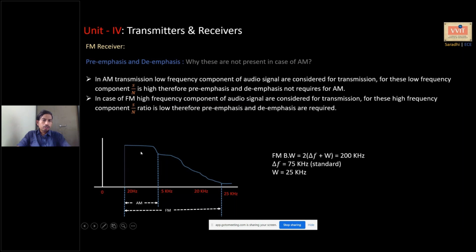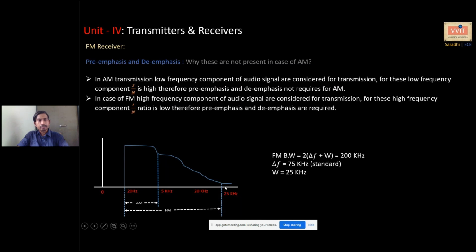The frequencies are not attenuated, so we don't require any pre-emphasis or de-emphasis mechanism in AM transmitters. Whereas in FM, we have frequency components beyond this 5 kHz, so large values of frequencies are also present. As frequency increases, they are more and more attenuated. Higher frequency components are more attenuated.